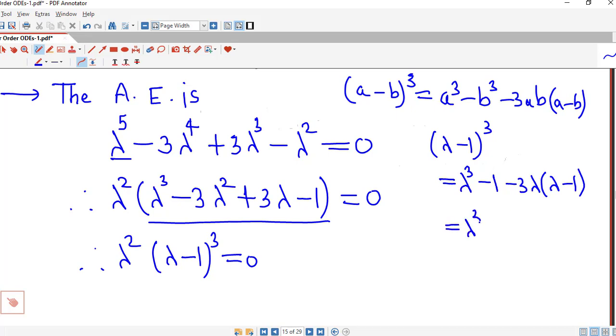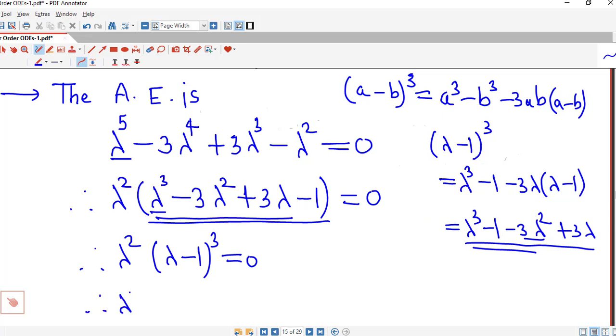So this is going to be lambda cube minus 1 minus 3 lambda square plus 3 lambda. Lambda cube minus 3 lambda square plus 3 lambda minus 1. So this we replace by cube of lambda minus 1. So that means lambda square equal to 0 and lambda minus 1 cube equal to 0.